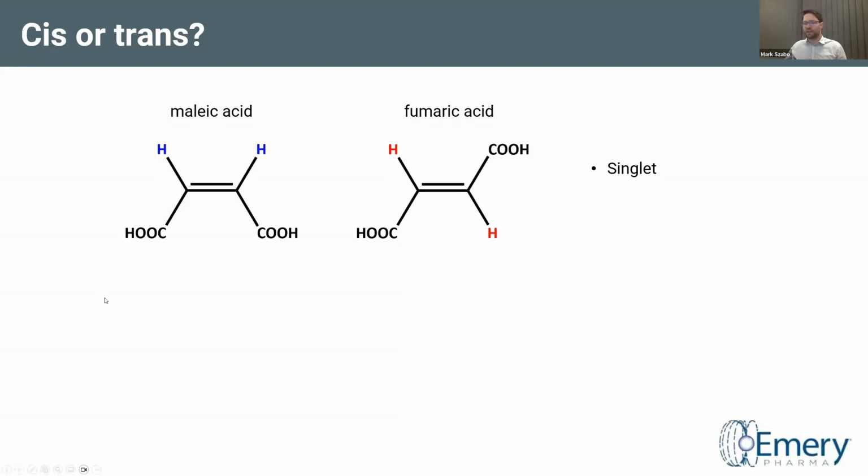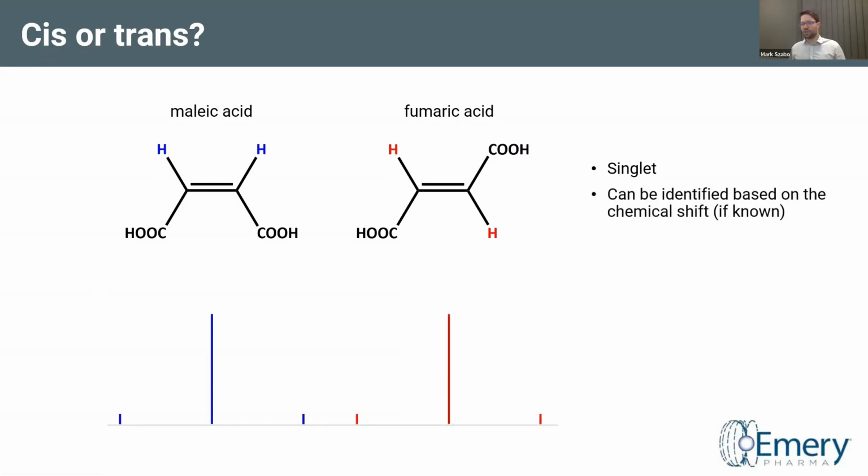But what you would see in an NMR spectrum would be a singlet for maleic acid and a singlet for fumaric acid. If you know the chemical shift from the literature, for example, then you can decide which one is in your sample. But if you don't know it from the literature, then you won't be able to simply figure it out based on the chemical shift.